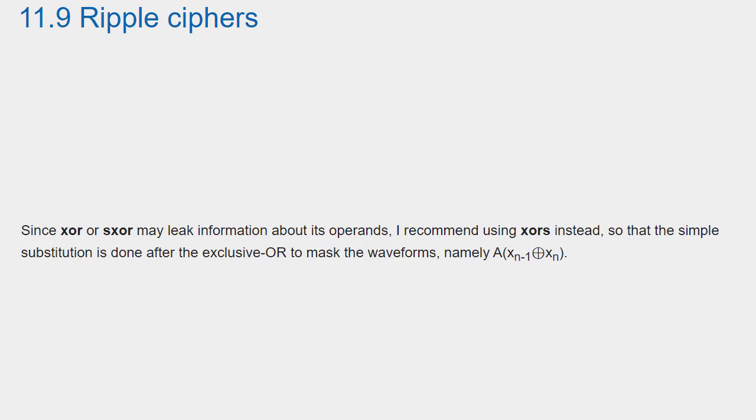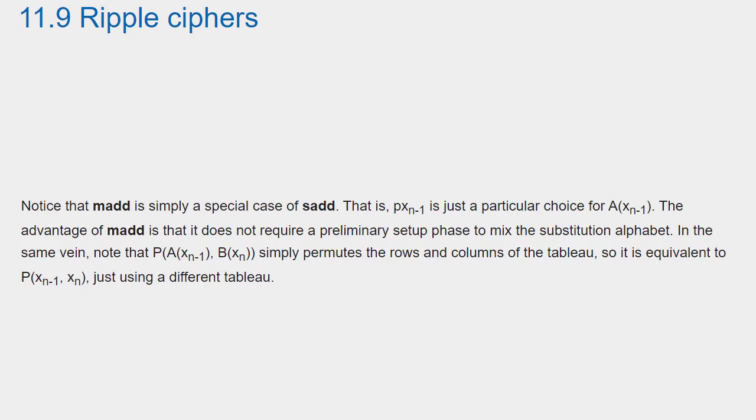Since XOR or SXOR may leak information about its operands, I recommend using XOR S instead, so that the simple substitution is done after the exclusive OR to mask the waveforms, namely A of xn-1 XOR xn. Notice that madd is simply a special case of sadd.